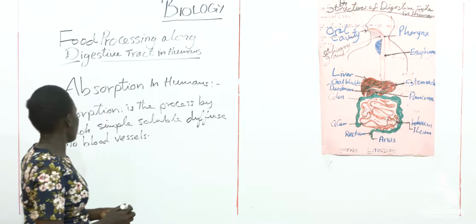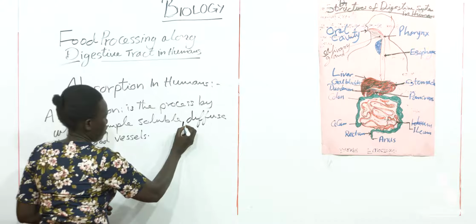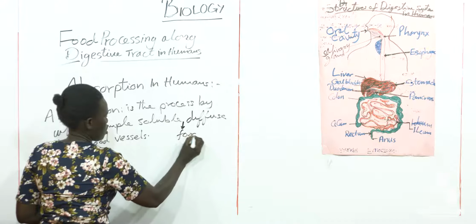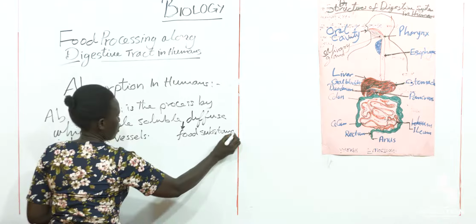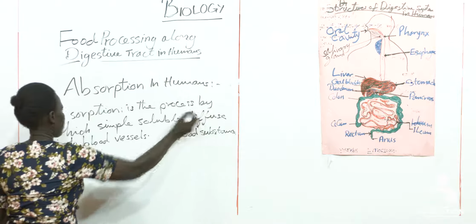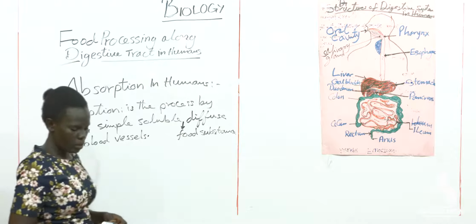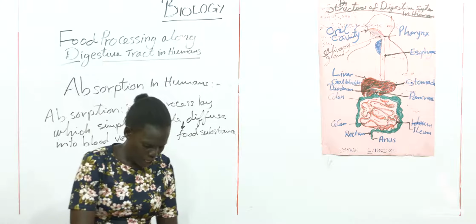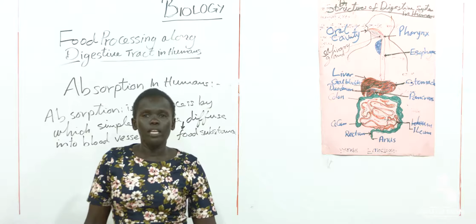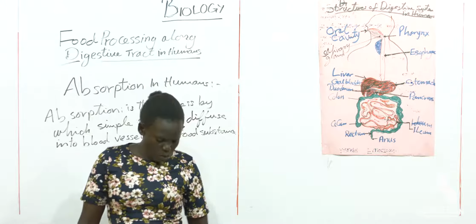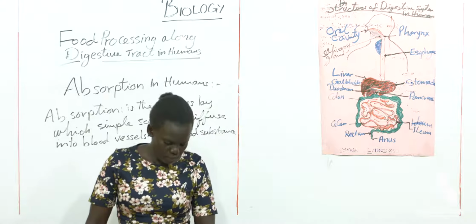This is the process by which simple soluble food substances diffuse into blood vessels. Most absorption of the final products of digestion occurs in the small intestine.